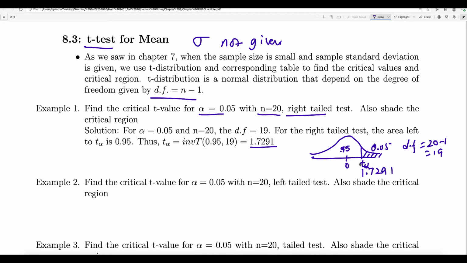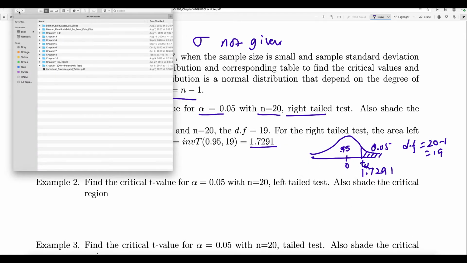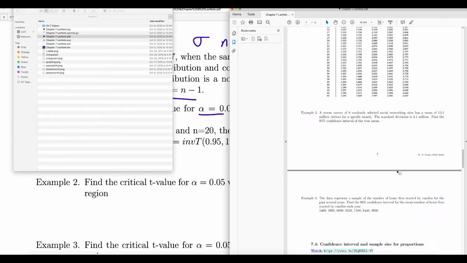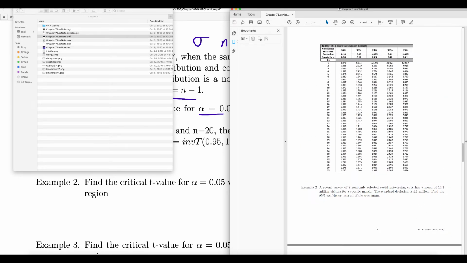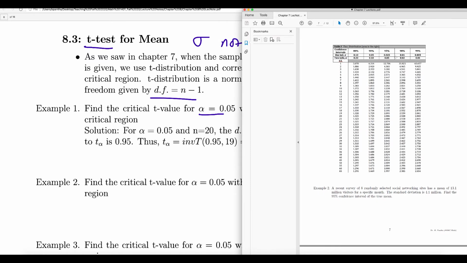Now if you want to use the table, you need to go to the t table in chapter 7. For a one tail test, because it is a right tail test, with alpha equals 0.05, and 19 degrees of freedom, go down to 19 degrees of freedom and look at that.